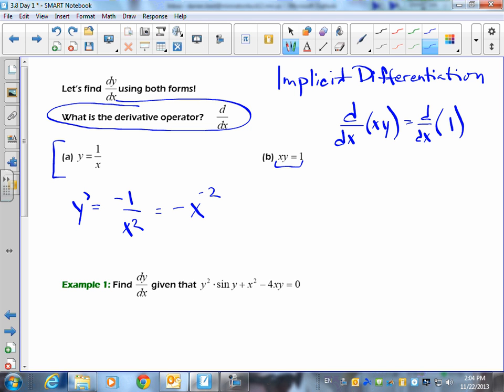The derivative operator, d dx, is something that you can apply to both sides of an equation and maintain equality. It's another one of those algebraic tools that you can do to both sides. Okay? So now I need to do the process of the derivative. What I did on this step was make the command, take the derivative. Now we need to take the derivative.